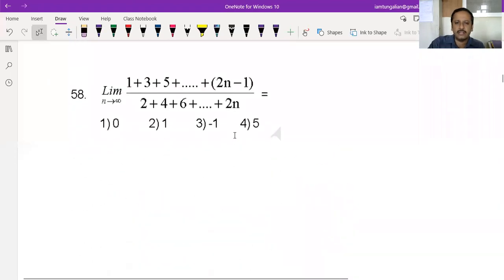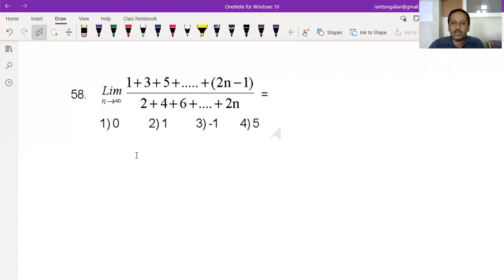Okay. Then 58th question. Limit as n tends to infinity of (1 + 3 + 5 up to 2n - 1) divided by, in the denominator, 2 + 4 + 6 etc. up to 2n.